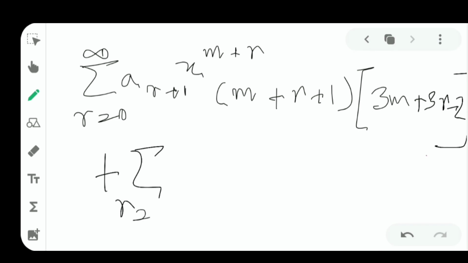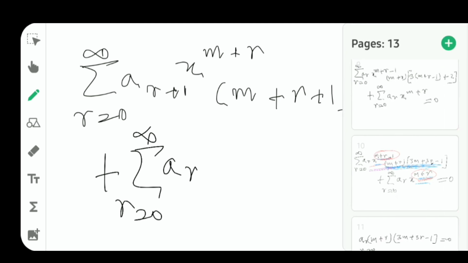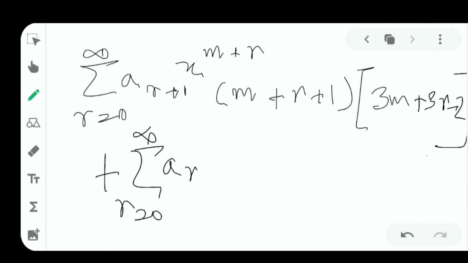Summation r equals 0 to infinity, a_r x to the power m plus r, plus summation a_r x to the power m plus r plus 1, equals 0.